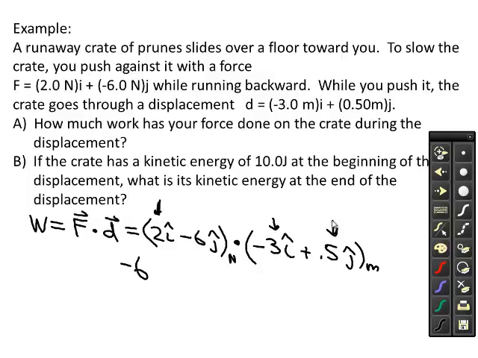Notice when I did the 2 and the negative 3, they were in the same direction. So I had 2 times negative 3 times the cosine of 0 degrees, which gives me negative 6. Now I've got 2 in the x direction, 0.5 in the y direction. The cosine of 90 degrees is 0. So when I multiply those two together, I actually get 0.